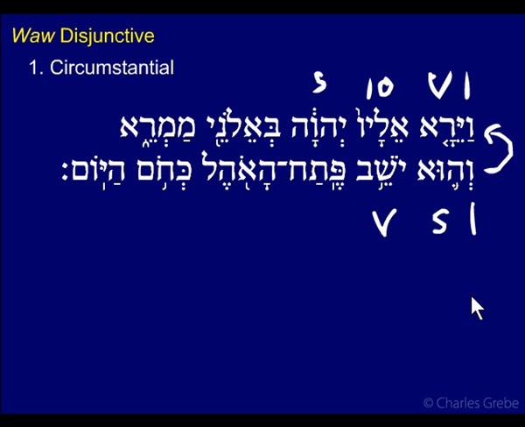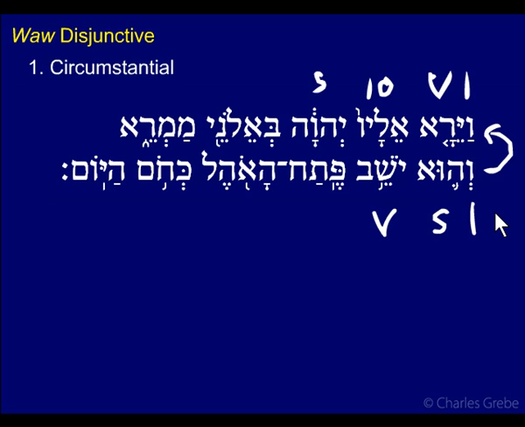So all these types of circumstantial clauses exist. But the main idea here is that this break in the sequence is there in order to provide more information that is sort of off the main narrative line, and it's extra information about this first clause.